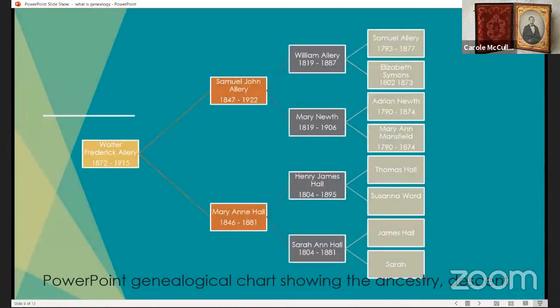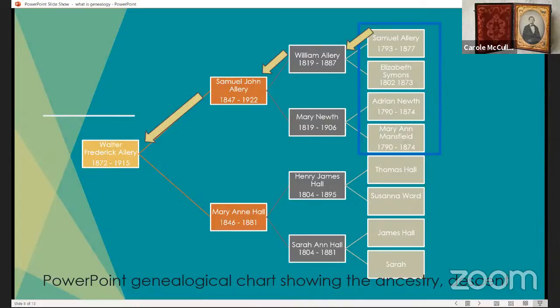You can show this using a PowerPoint genealogical chart with information about the people from whom that person was descended. So here we have my grandfather again, Walter Frederick Ellery, and he is descended from this group of people, from Samuel Ellery to William Ellery, from William Ellery to Samuel John Ellery, to Walter Frederick Ellery.